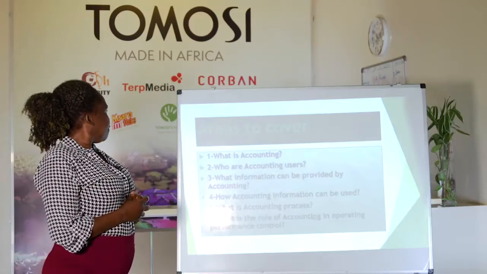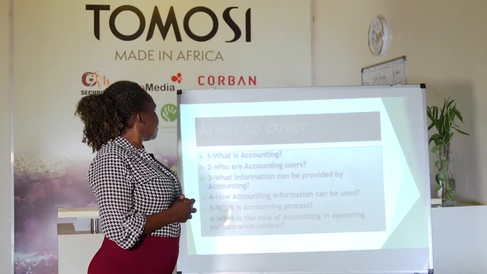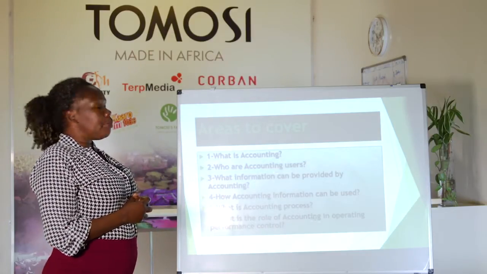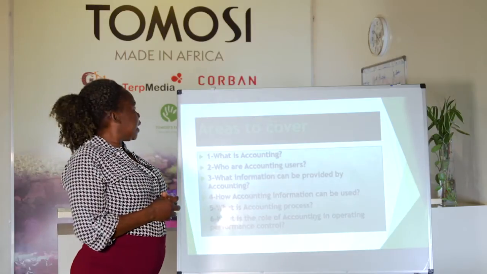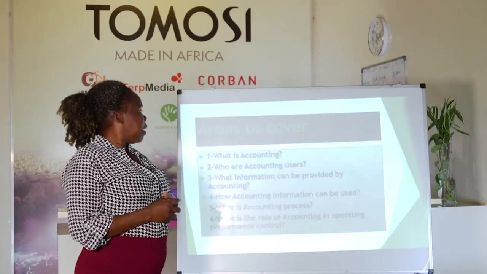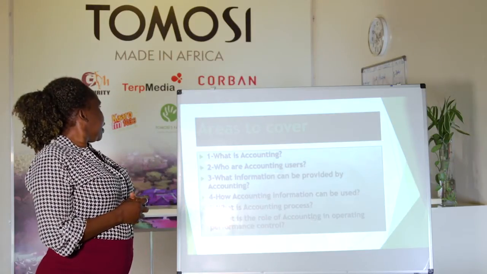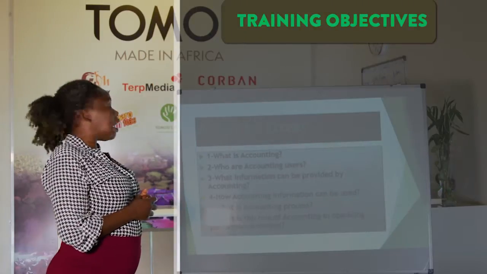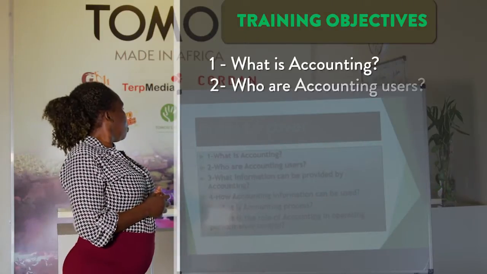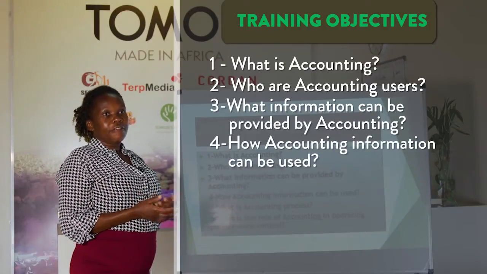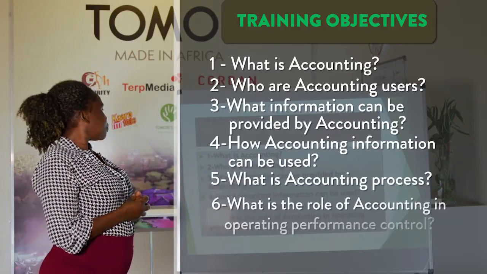We are going to cover in this first series of the training, we are doing really the basic training, the basic knowledge of accounting for the non-accounting personnel. In this, we are going to cover what accounting is, who the accounting users are, who needs information from the accounts?